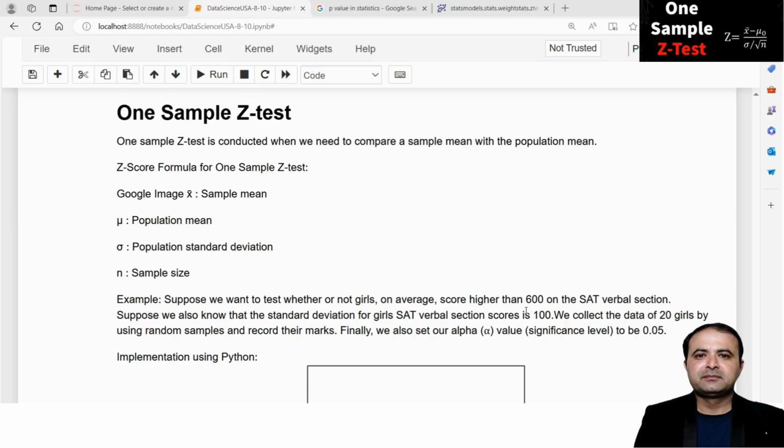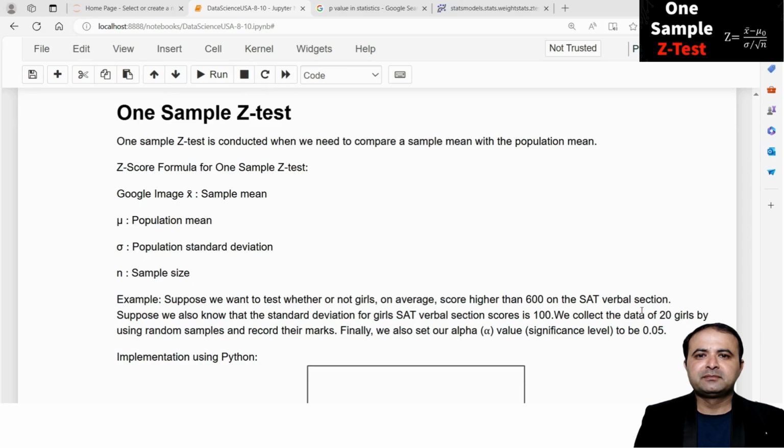Suppose we also know the standard deviation of the girls' verbal section score is 100. It is the standard deviation.